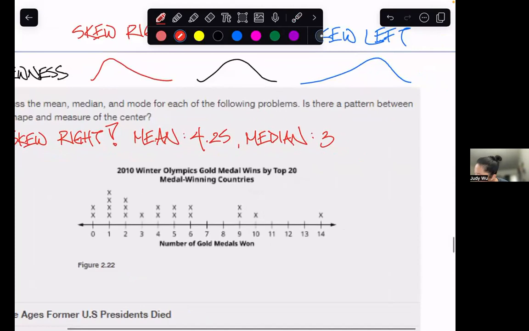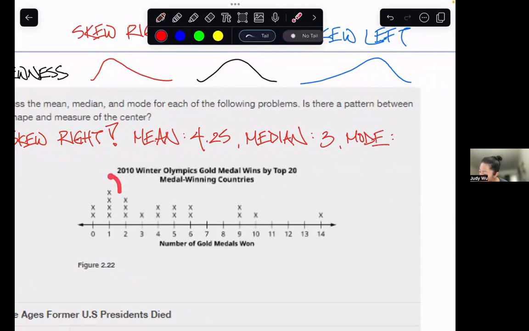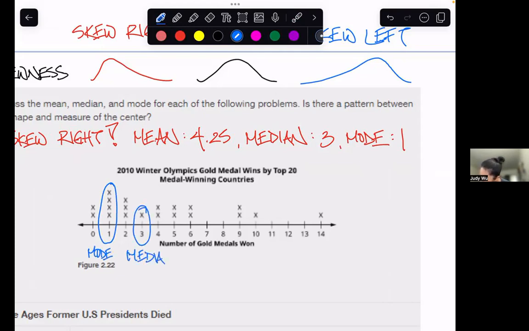And we could use StatCrunch to find the mode, or remember that the mode is just the one that happens the most. And so the mode here is 1. Okay. Now let me mark those off here. So we've got our mode, all right, our median, and then somewhere in here is our mean.